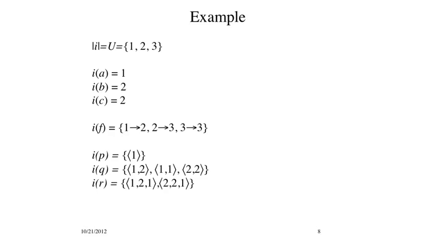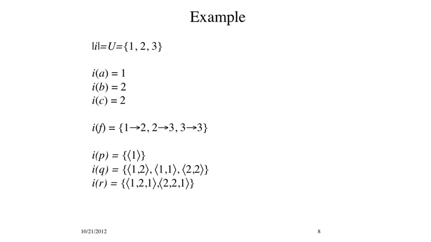For example, here's an interpretation for a first-order logic language with object constants A, B, and C, with unary function constant F, and with unary relation constant P, binary relation constant Q, and ternary relation constant R. Our universe of discourse in this case is a set consisting of the numbers 1, 2, and 3.